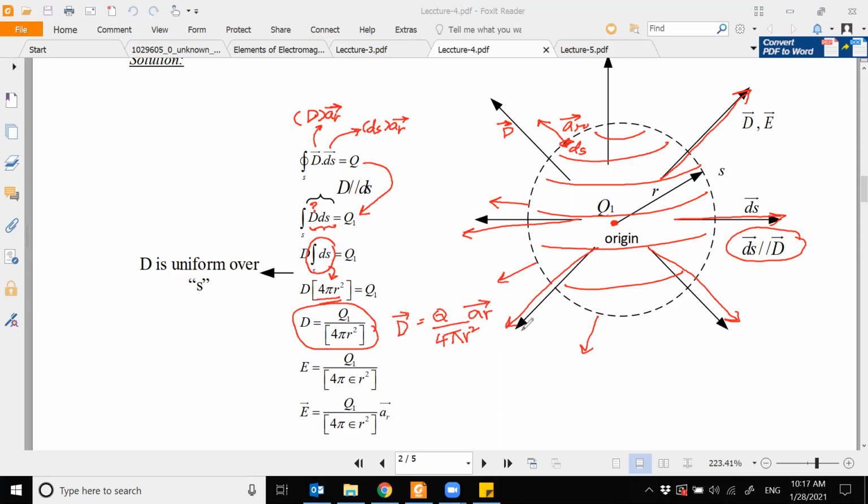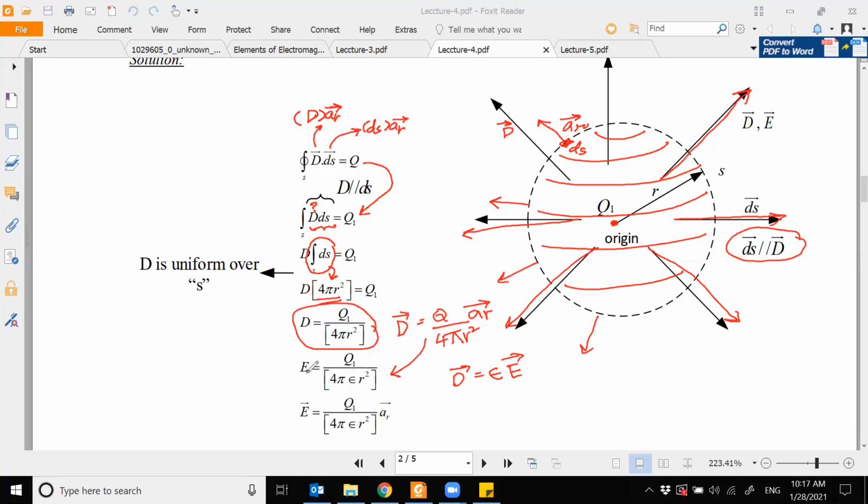And we know D bar is epsilon E bar, so E bar will be D bar divided by epsilon. So epsilon will appear in the denominator.